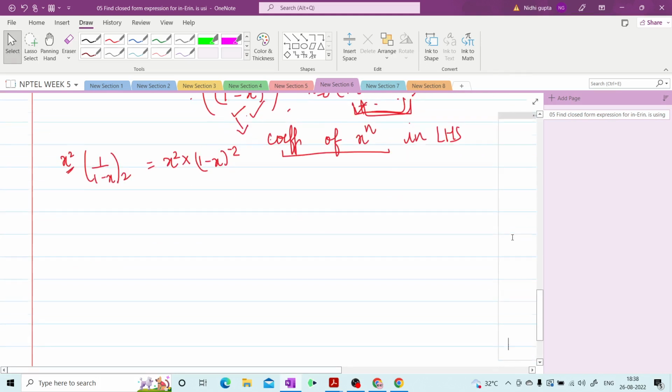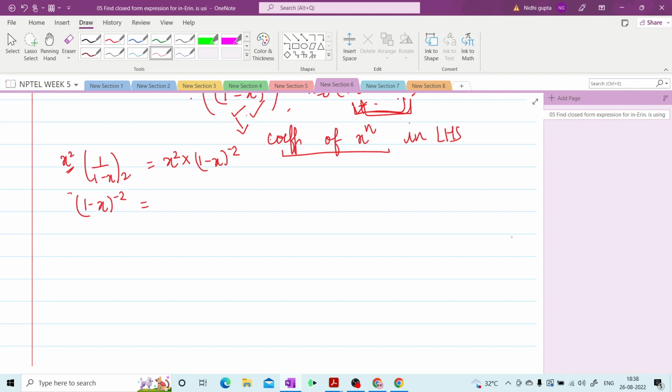This (1 minus x) raised to the power minus 2 can be expanded as 1 plus 2c1 x plus 3c2 x square, like this. So this is basically the generalized binomial coefficient, right? You are talking about that only, right?